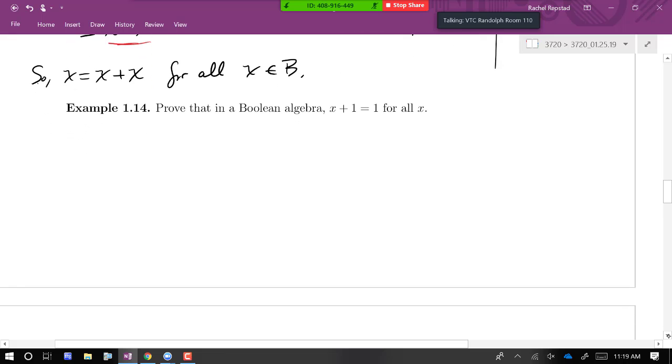Let's do another. Let's prove that x plus 1 is equal to 1. Again, I'm going to start by invoking the identity law. So I've got x plus 1. I'm going to write this as x plus 1 times 1, and that's the identity law.